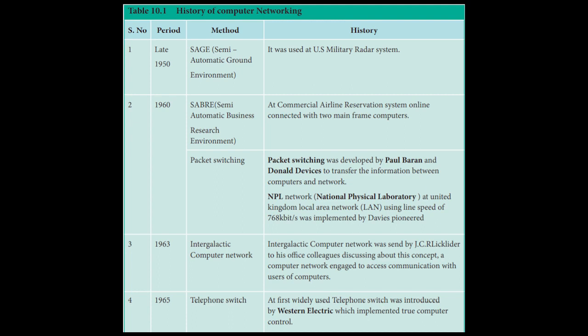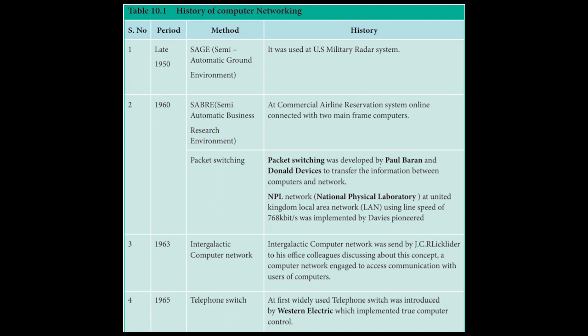And the next one is SABRE, that is Semi-Automatic Business Research Environment, in the year 1960. It was a commercial airline reservation system online, connected with two mainframe computers, right?